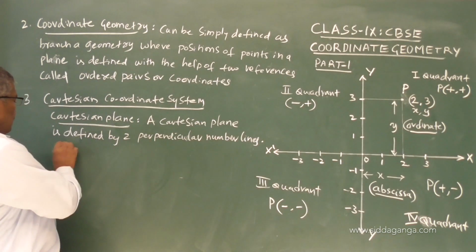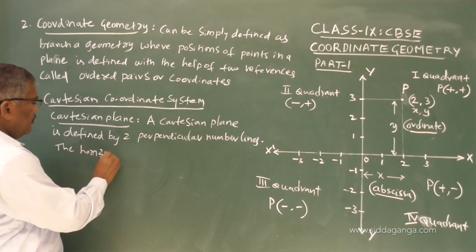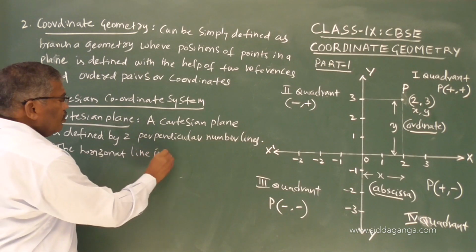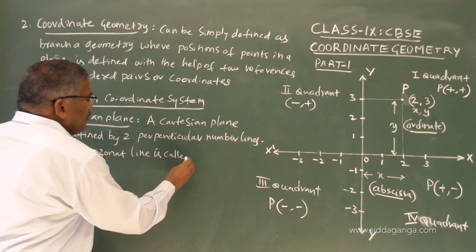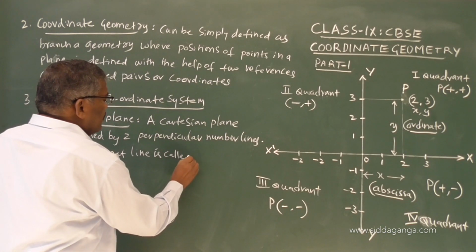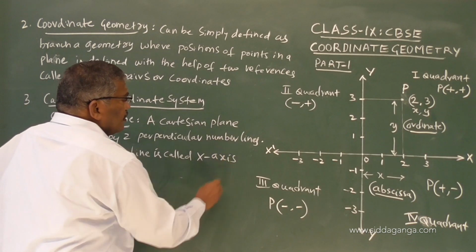The horizontal line is called the x-axis.